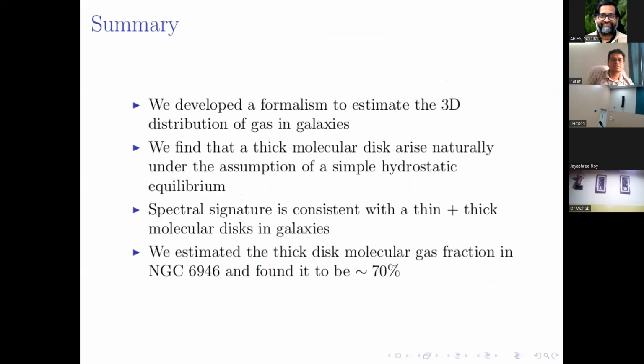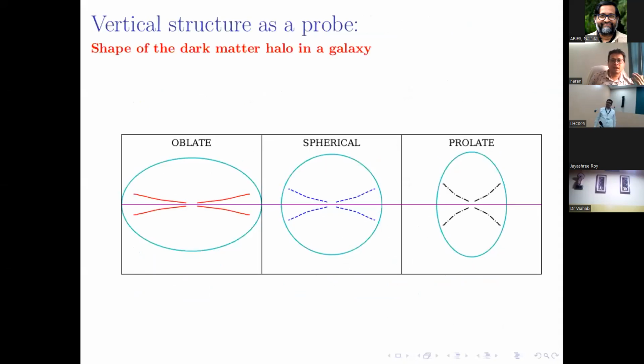So here is the summary of what we have learned about the molecular disk in galaxies. To give a glimpse of what else can be done with this vertical structure technique, we can do a variety of interesting things, for example determine the shape of the dark matter halo.